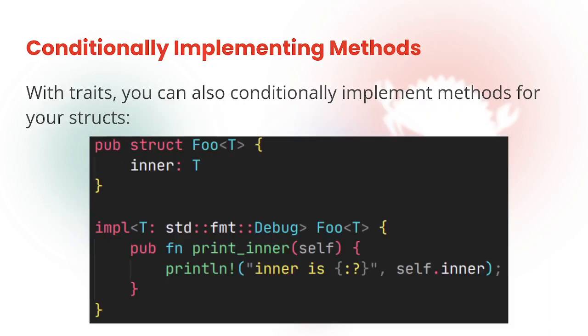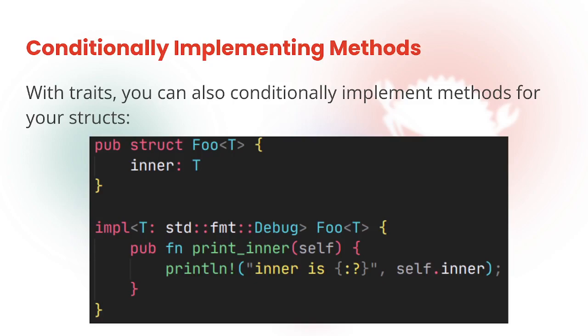And now you can also use traits to conditionally implement methods. So you notice I put a bound on the generic of the impl to be Debug, and so now this print inner method will only exist on instances of Foo where the inner type is Debug. And this actually exists in the standard library in a couple of places, notably Result unwrap, I think, or is it expect?